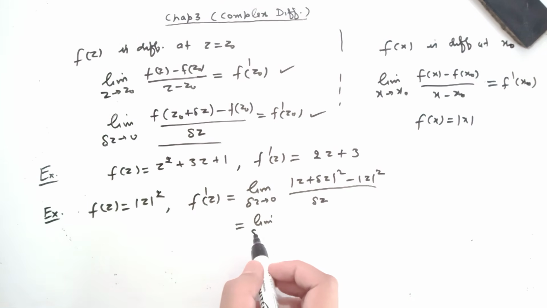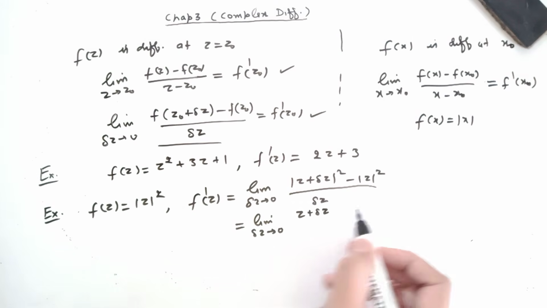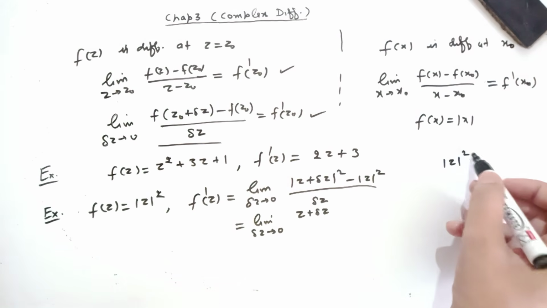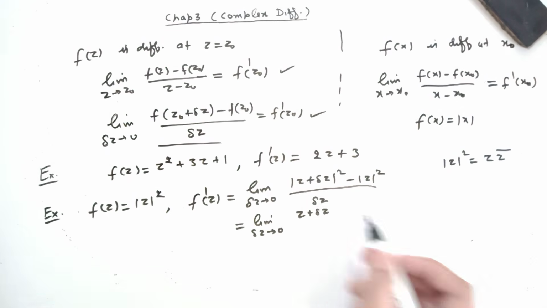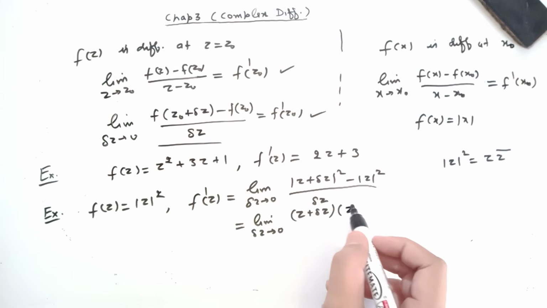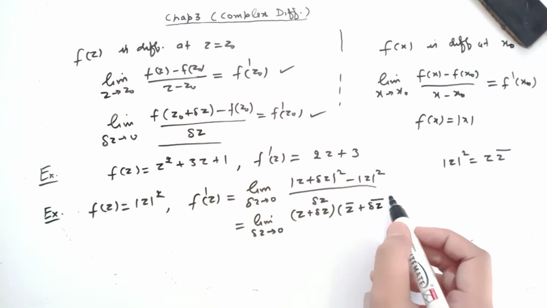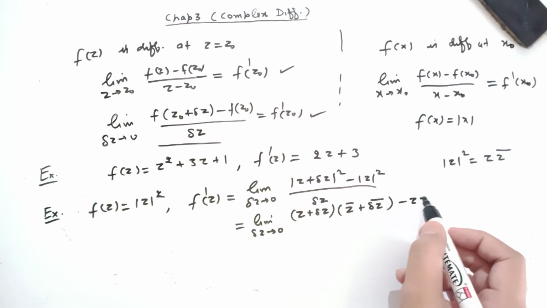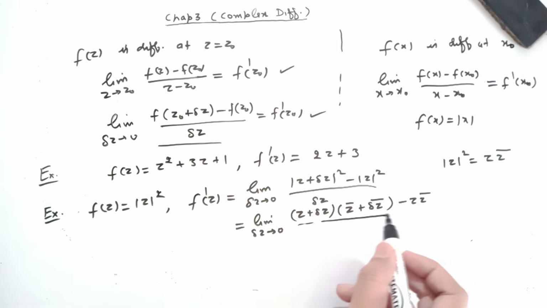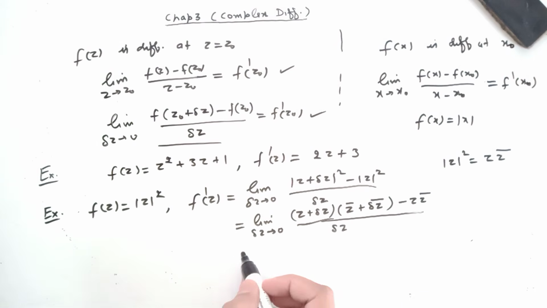I can simplify further. You know this result, that |z| square can be written as z times z bar. So this can be written as (z plus delta z) times (z plus delta z) whole bar, which can further be written as (z plus delta z)(z bar plus delta z bar) minus z z bar, divided by delta z. Multiply these expressions, simplify, see what you get.